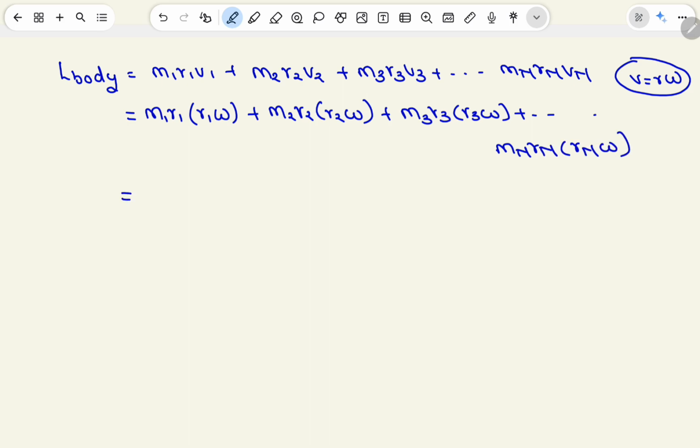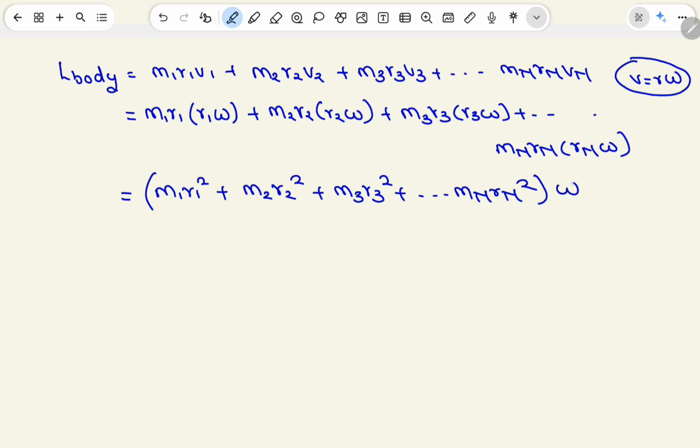Now if we add all this, we can take common omega. So we have m1 r1 square plus m2 r2 square plus m3 r3 square, so on up to mn rn square, and we have commoned out omega.